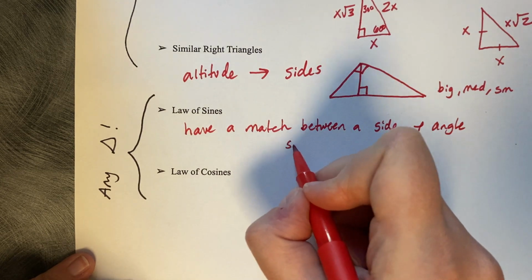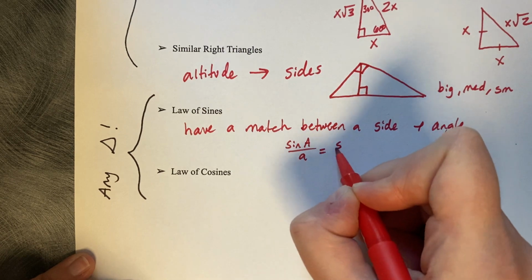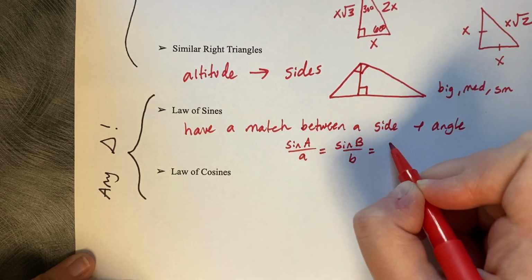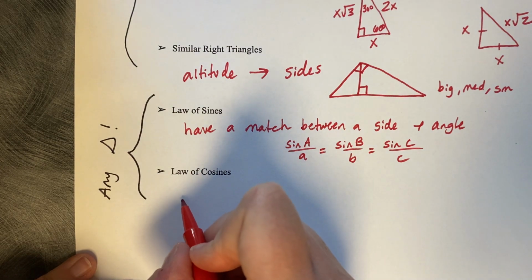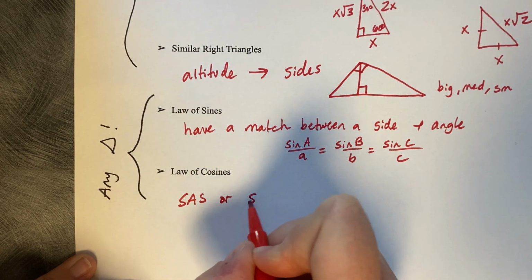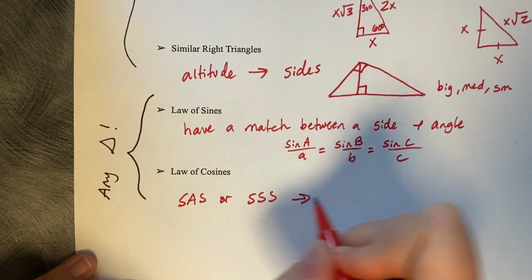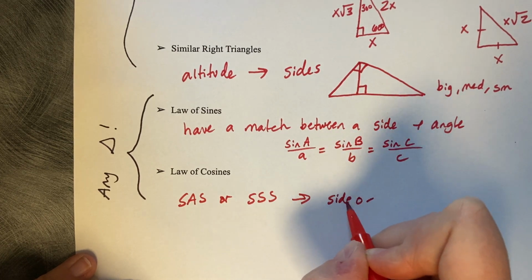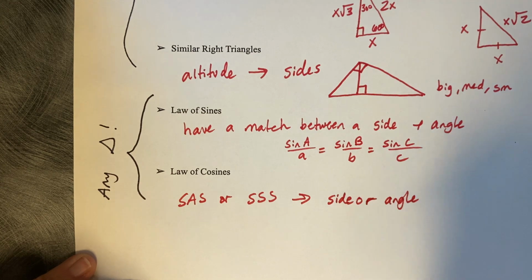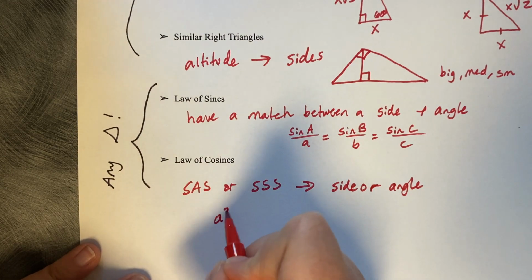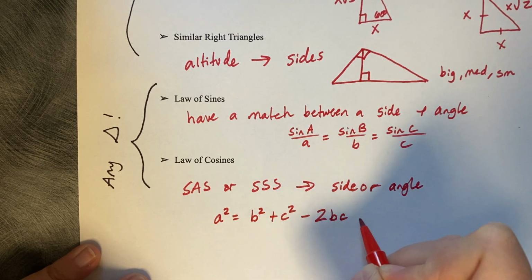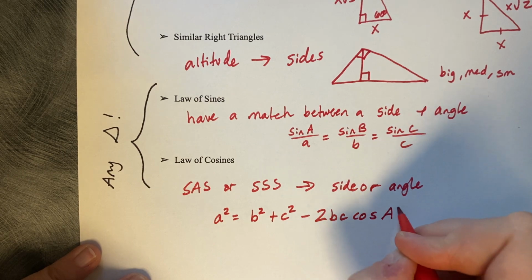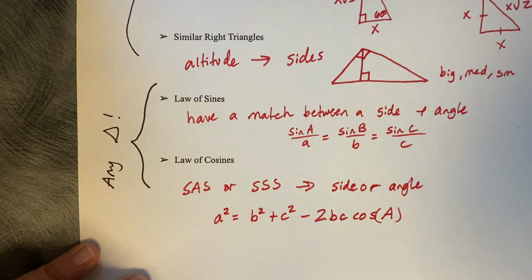And the law of sines is sine of A over A equals sine of B over B equals sine of C over C. Law of cosines is brand new today, so you need to know either SAS or SSS. And you're looking for a side or angle. And let's just write one of them. A squared equals B squared plus C squared minus 2BC cosine of A. Thank you.